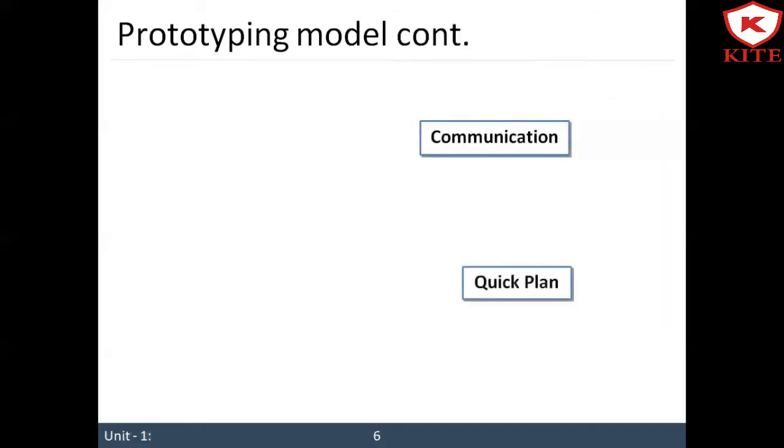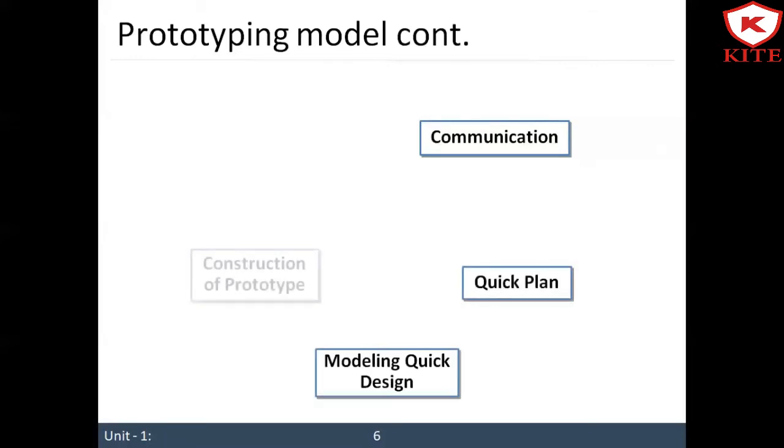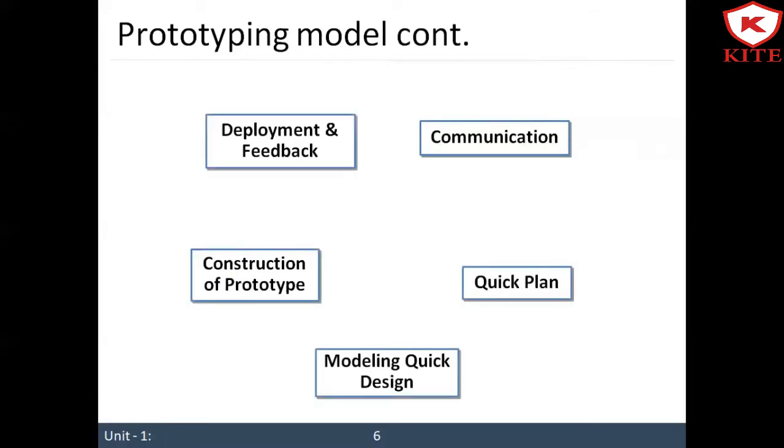So here there are five activities involved in the prototype model. First one is communication between client and project manager. Then quick plan. Quick plan means design. From the quick plan we can get some diagrams.